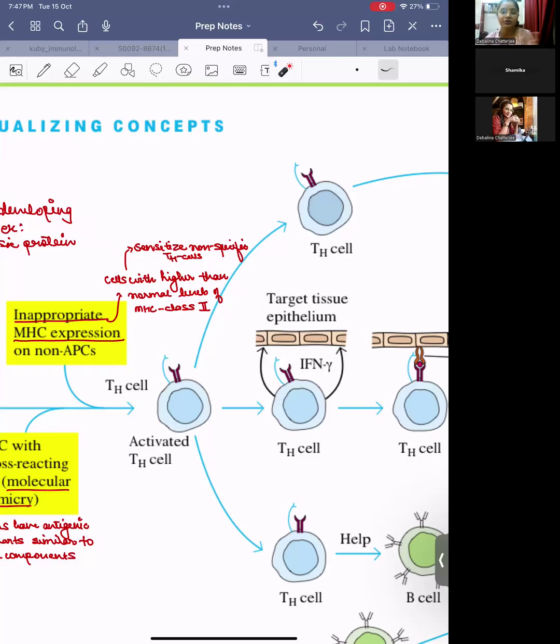The T cell response, which is non-specific against my self antigen, can result because of this sort of inappropriate MHC expression. Right? So cells with higher than normal levels of MHC class 2 can sensitize non-specific T cells.